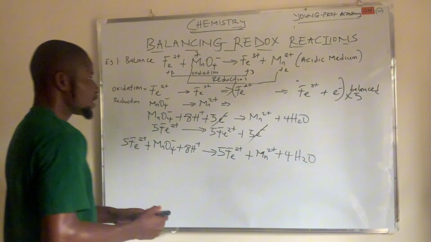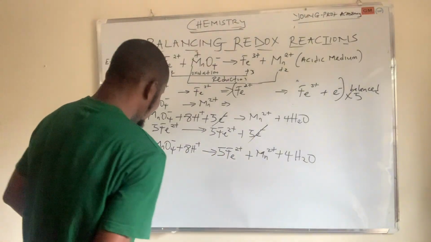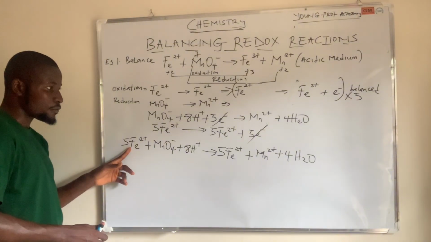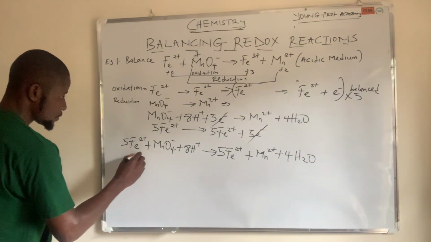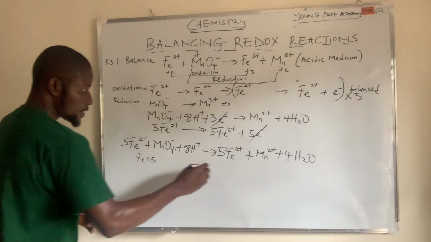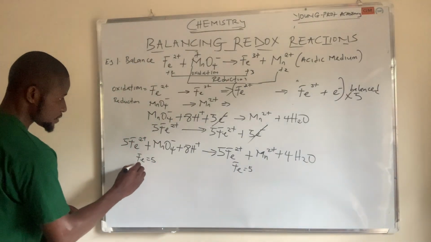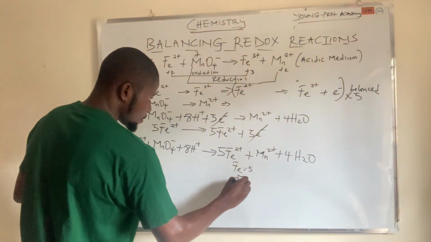So let us check if this is balanced, because what is here must be equal to what is on this side. We have 5 moles of iron, balanced. Iron 5, iron 5. What about manganese? Manganese 1, manganese 1.